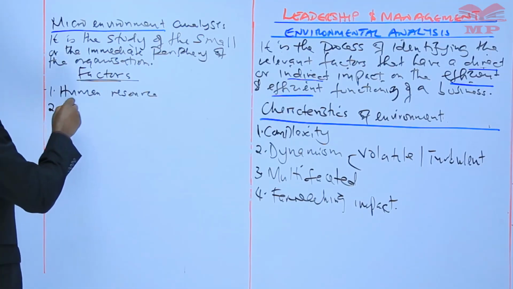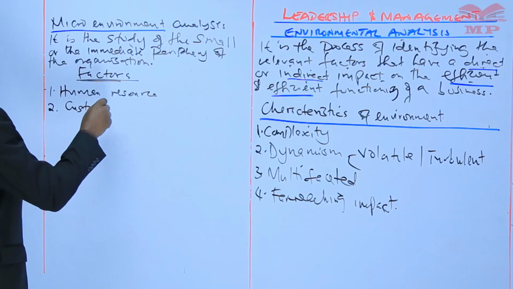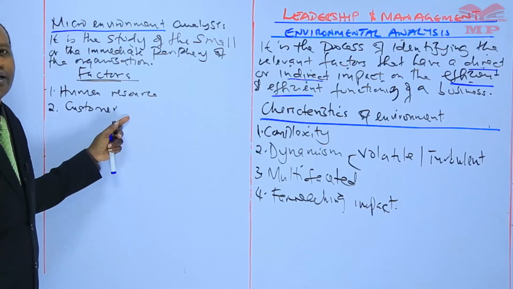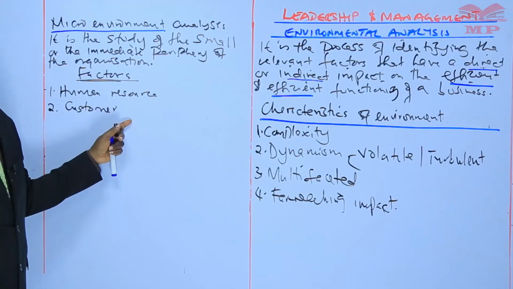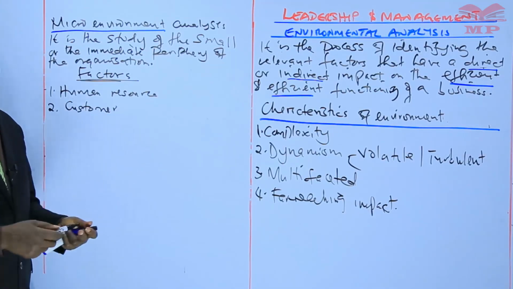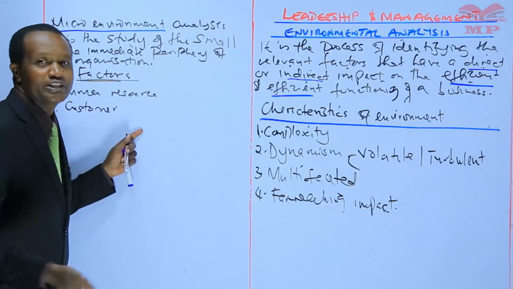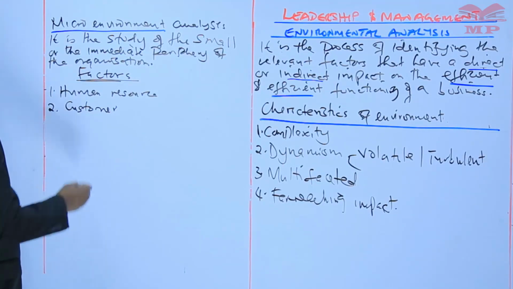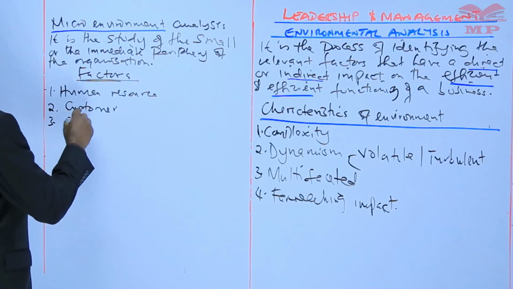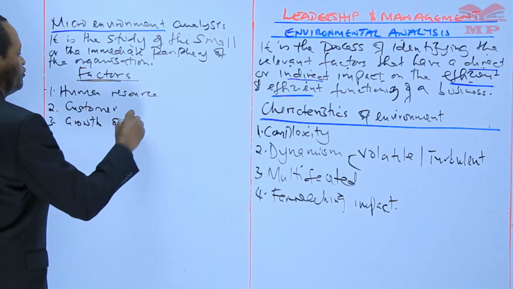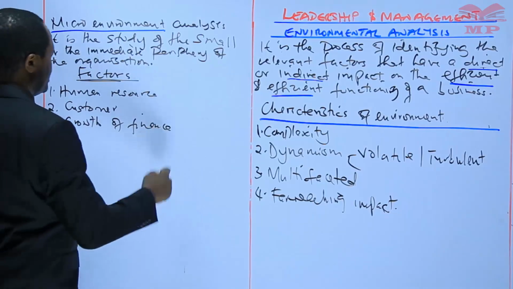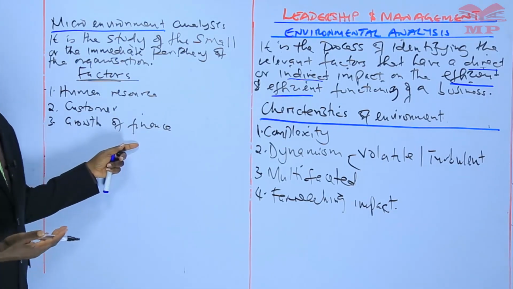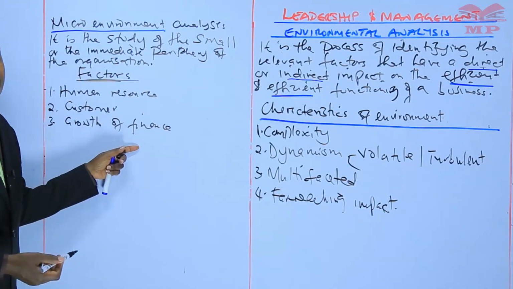Number two is the customer base. Microenvironment analyzes what we call the customer base. It analyzes the customer base of the firm, which includes the major and the minor clients of the business. Three is growth of finance, the financial aspect of the firm.